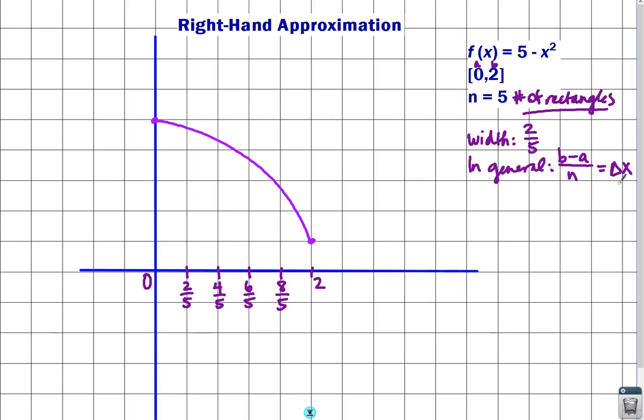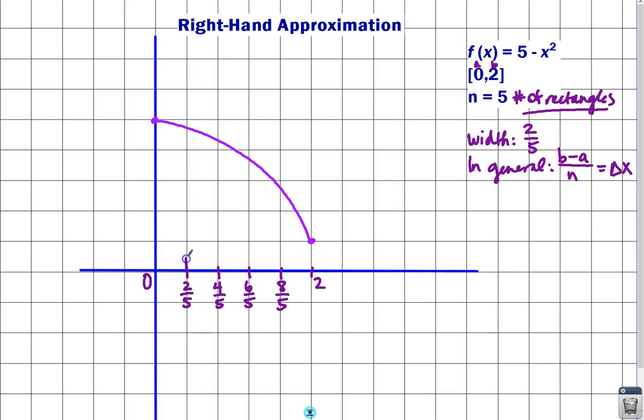So I'm going to draw a rectangle between these 2 points. The height of my rectangle depends on the y value of the right side. Okay, so I have 0 and I have 2 fifths. The rightmost coordinate between these two is 2 fifths.